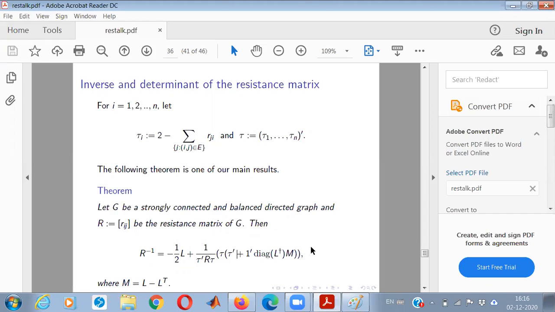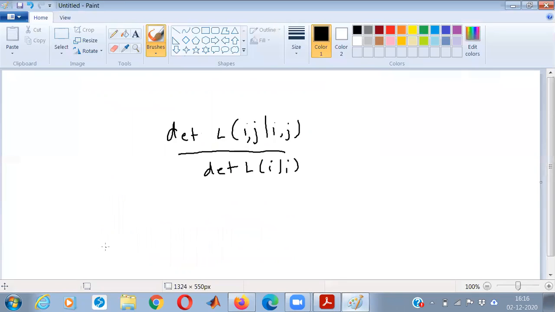So it's a generalization of the earlier formula, because, as I said, any undirected graph can be considered as a balanced directed graph by the obvious technique of duplicating the edges, so all the earlier results are subsumed in this framework, and the formulas will be similar.